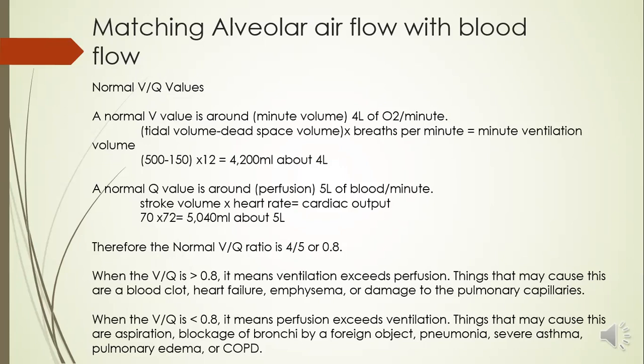We calculated alveolar ventilation by subtracting the dead space volume from the total pulmonary ventilation. And we said when you do that, it comes to about 4 liters. And this was in the previous slide where we worked it out. It comes to roughly about 4 liters.